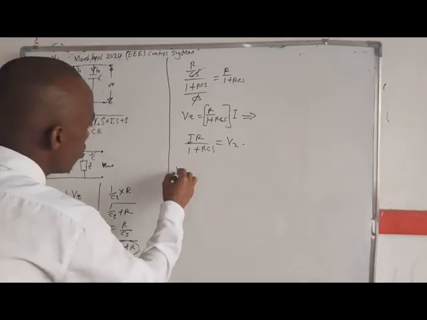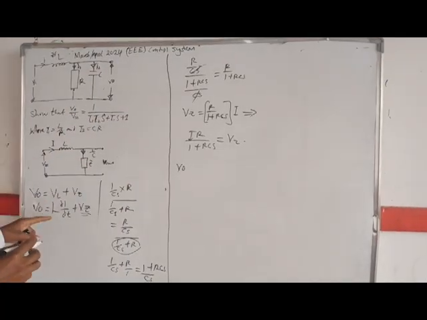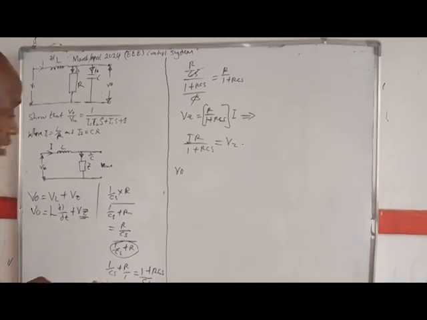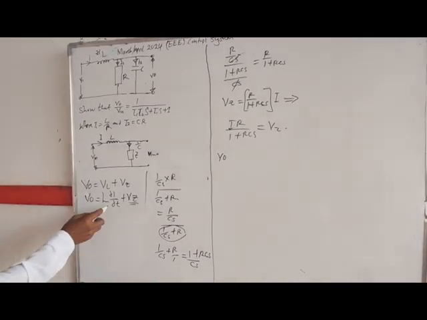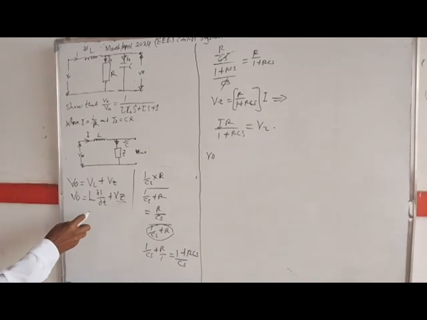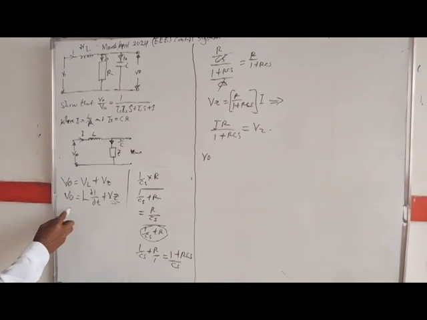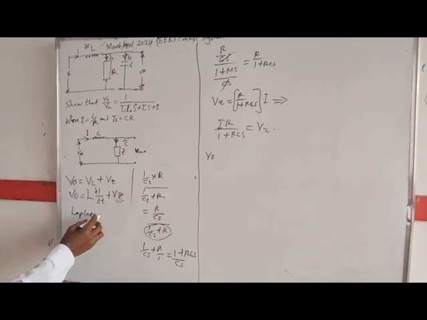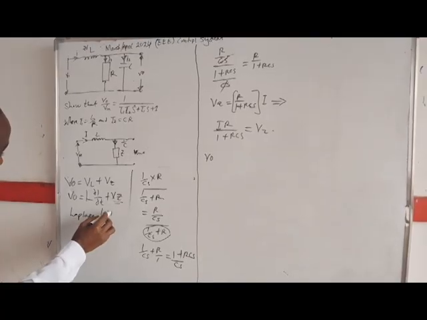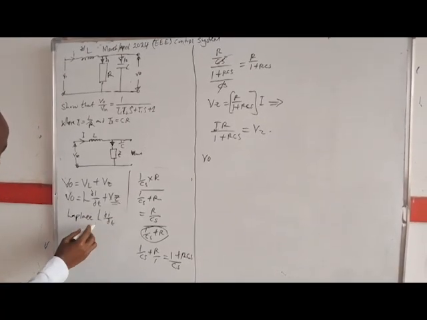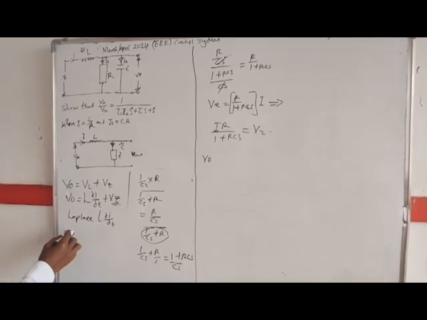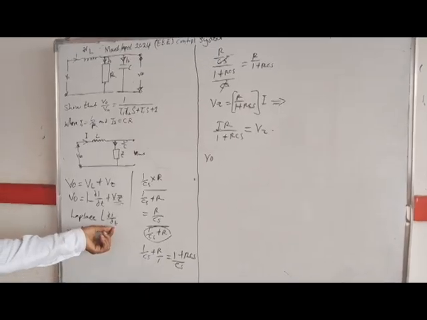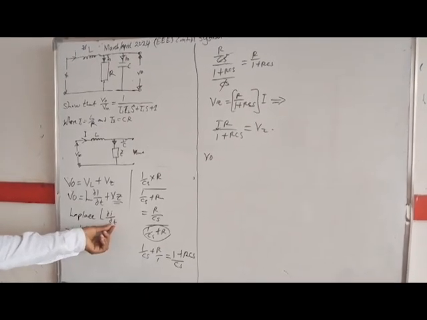Now our VO is given by taking the Laplace transform of L di/dt. The Laplace transform of L di/dt gives us L s I. Change in time, when it is not repeated, gives us s.